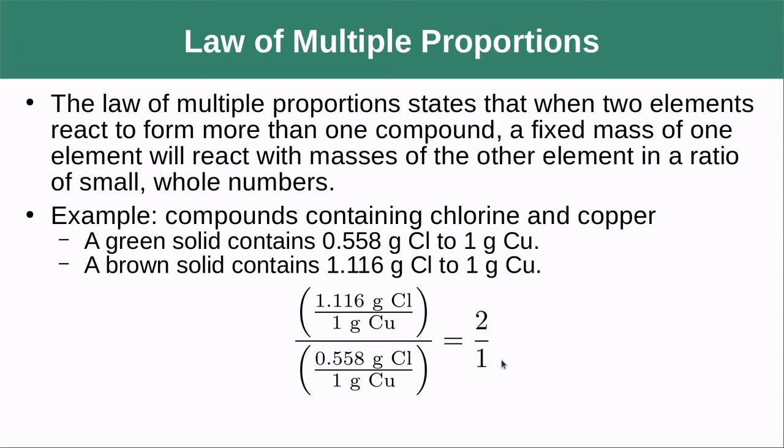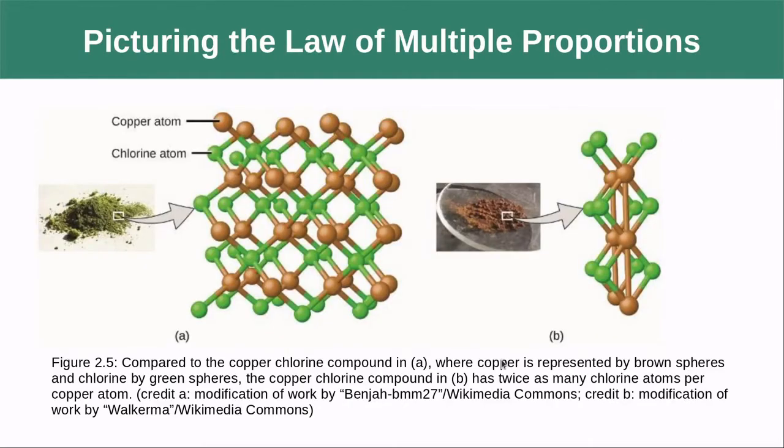That means that the brown solid has twice as many chlorines. We can picture that here, where there are roughly 1 chlorine or 2 chlorines for every 1 copper, whereas over here we have twice as many chlorines as we did on the left.